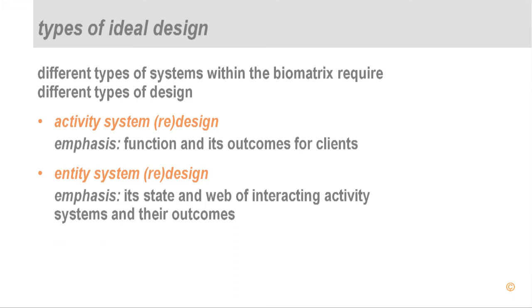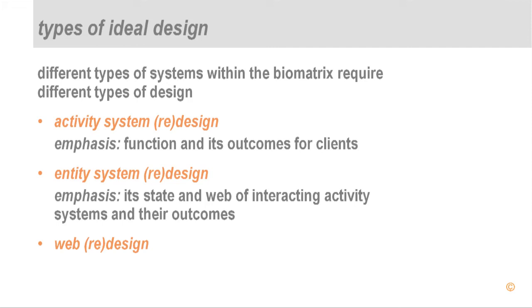And then we also have web systems. When we deal with complex societal problems, like for example poverty, then we will have many different activity systems and entity systems involved in co-producing poverty, and we need to redesign quite a few activity systems and entity systems in our society if we should not reproduce poverty again.